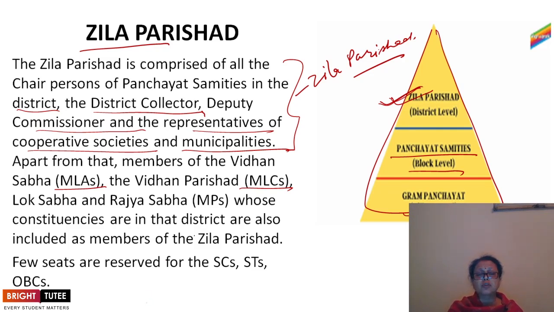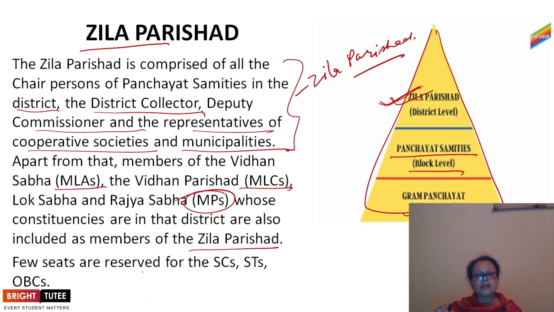The members of the Lok Sabha and Rajya Sabha are known as MPs only, because these are the two houses of the parliament. Those whose constituencies are in that district are also included as members of the Jila Parishad.